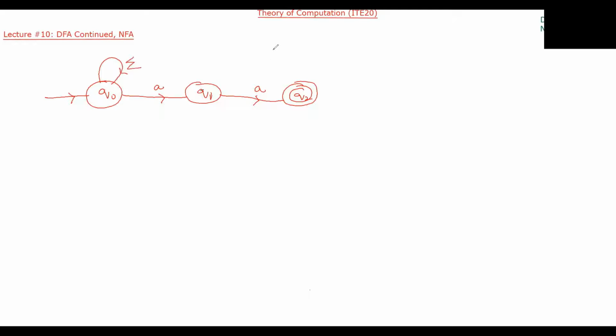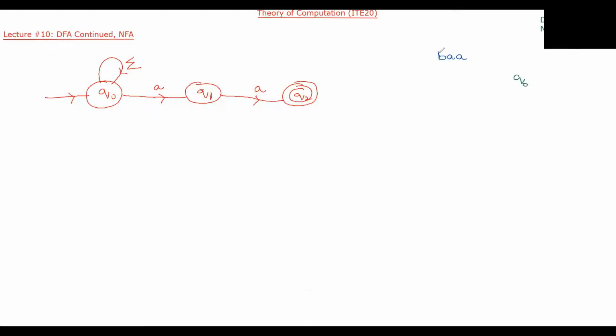Now I was saying that let's check whether it accepts this particular string, B, A. What I said is that we have to start from the initial state. So initially we are in Q0.